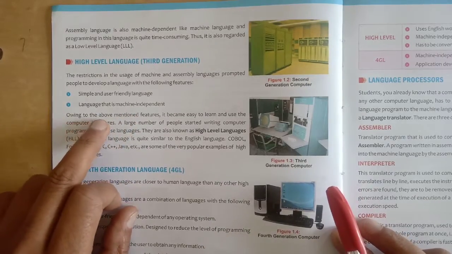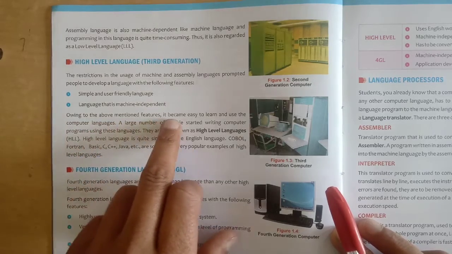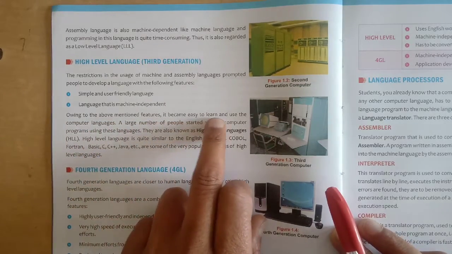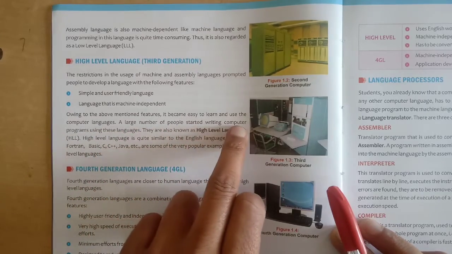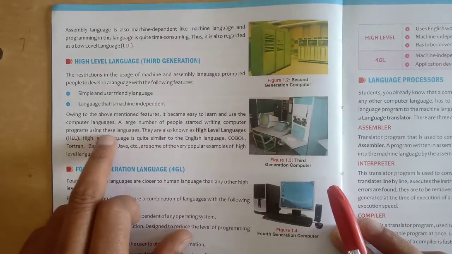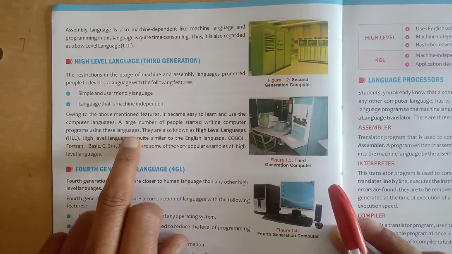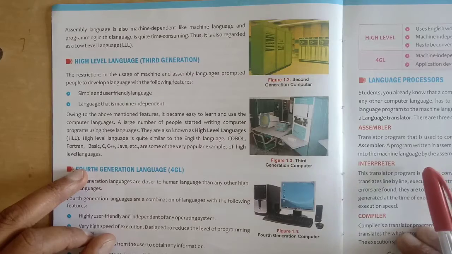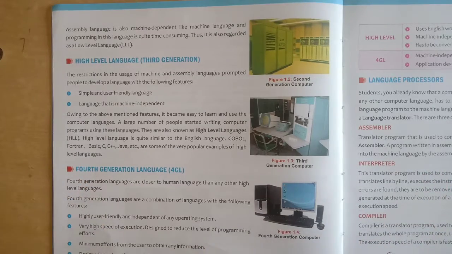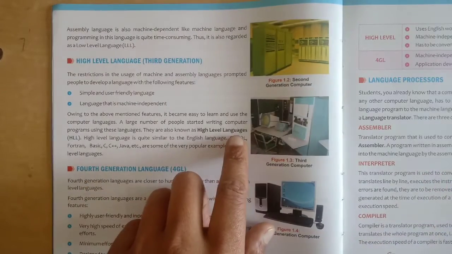Owing to the above mentioned features, it became easy to learn and use the computer language. A large number of people started writing computer programs using these languages. They are also known as high level languages. Why are we saying high level language?